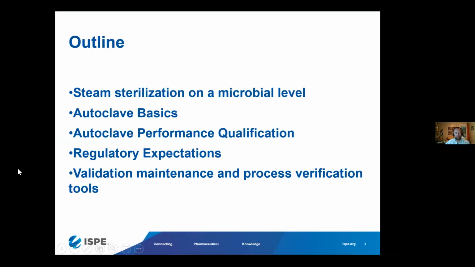That being said, as I mentioned, today we're talking about steam sterilization on a microbial level. This is really a high level presentation overall, but I want to introduce you to these interesting concepts around why microbiology is important with our autoclave performance qualification.